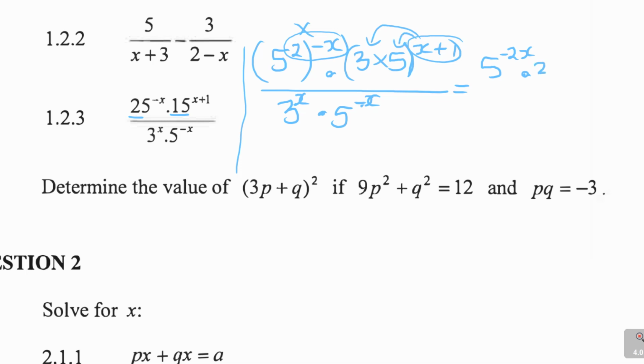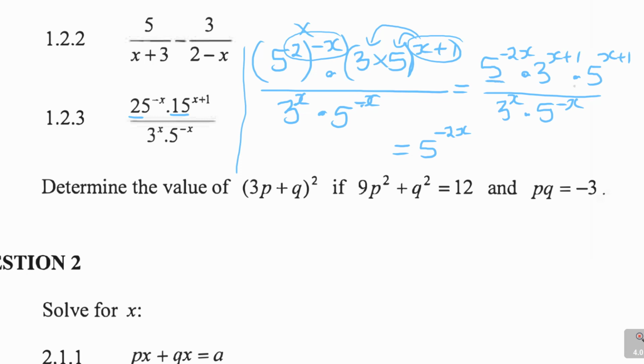So you've got 3 to the power x plus 1, times 5 to the power x plus 1. Then at the bottom you still have 3 to the power x, times 5 to the power negative x. It's up to you how you want to simplify, but you can take everything and deal with 5 first. So we can say 5 to the power negative 2x is on top.